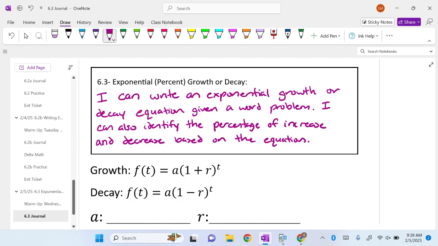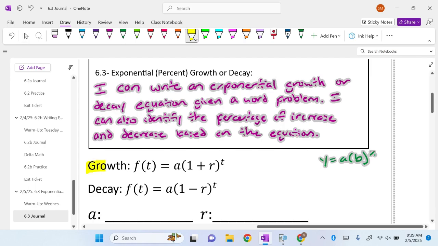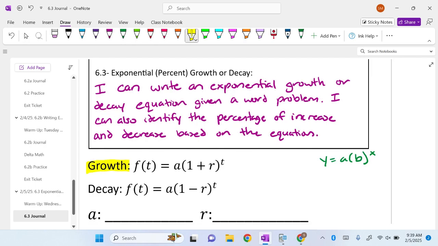All right. So it's technically two new formulas, but setup wise, it's pretty much the same as y equals a times b raised to the x power, which we've been doing for the past 2 days. These two formulas are the exponential growth formula, which is this first one, and the exponential decay formula, which is the one underneath it. They are seriously almost the exact same formula.